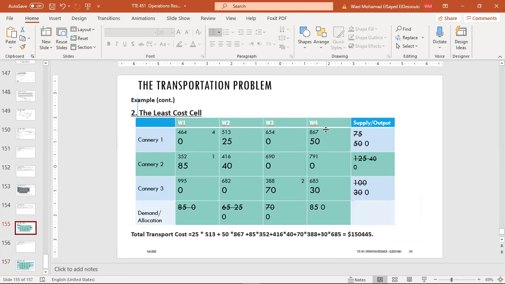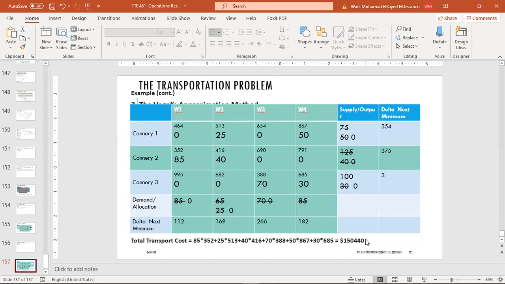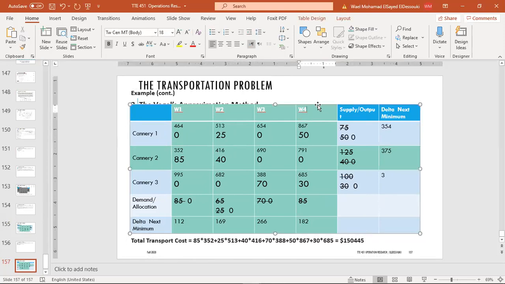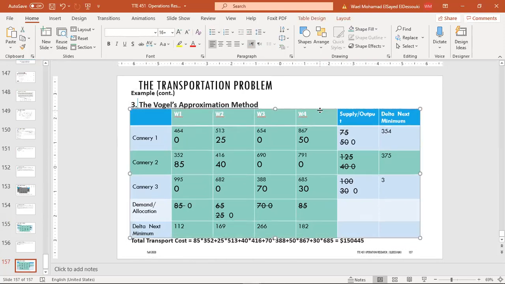That's the solution from the least cost cell, and here we had the same solution. And the point is the Vogel approximation method usually gives you either a better solution or at least the least cost method solution.